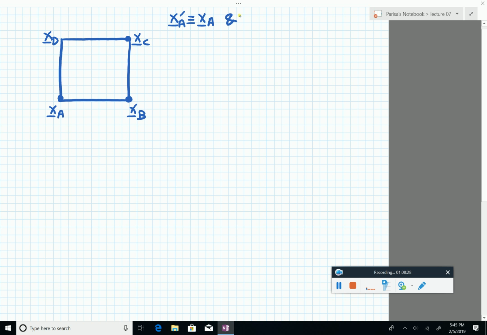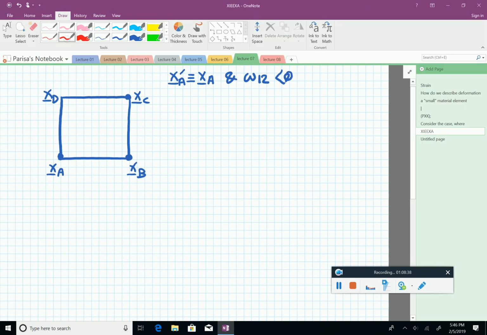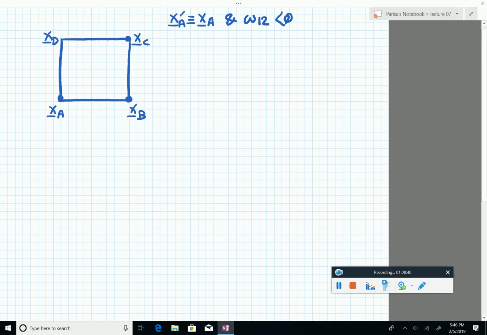And let's assume that omega 1, 2 is negative. So what happens? So x prime A comes right here.